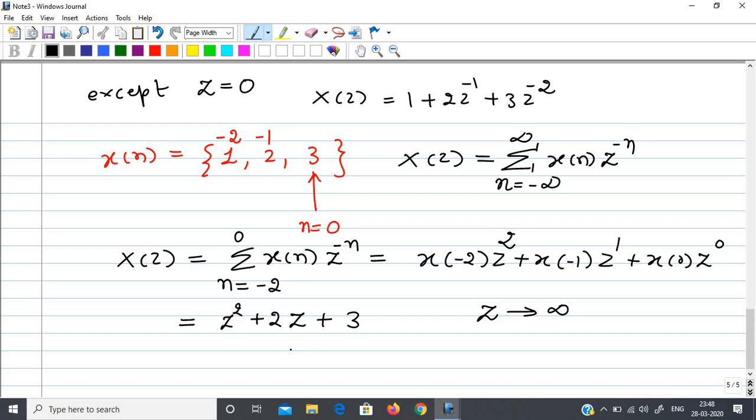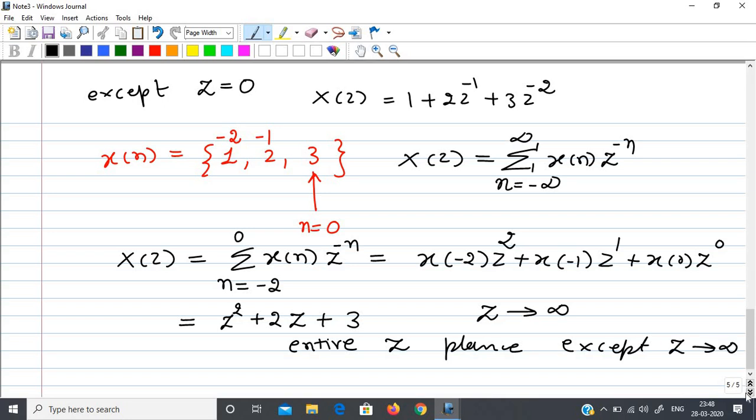So what is the ROC? The region of convergence is the entire Z plane except Z tending to infinity.